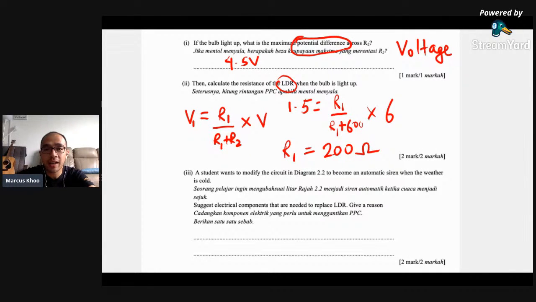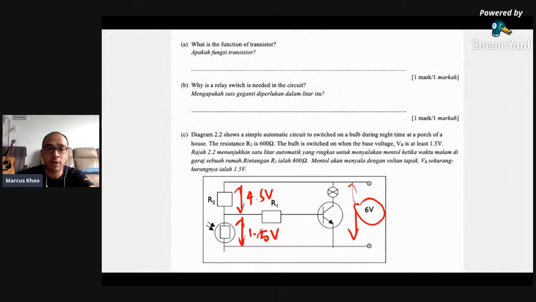And when I was doing this question, I was wondering, should I explain this? Because it really doesn't make sense. We should, because all the time when we do explanation, we say, in the dark, resistance increases. If resistance increases, voltage will increase, IB will flow, and so on. But the problem is they already give this condition over here, at least 1.5 volts.